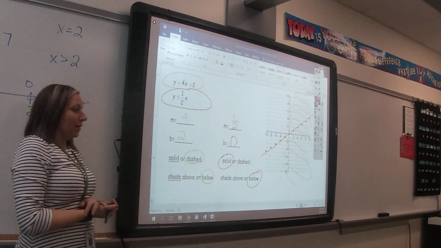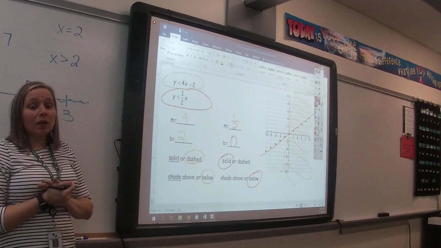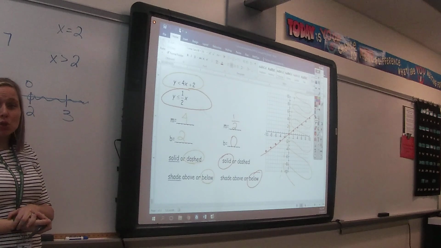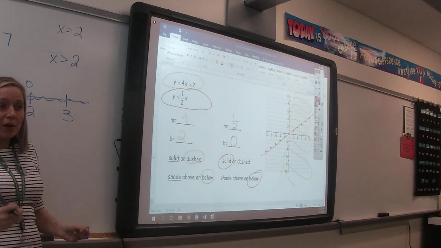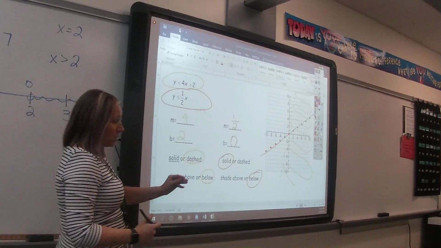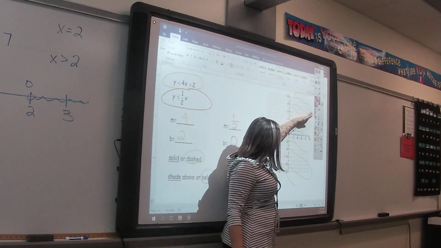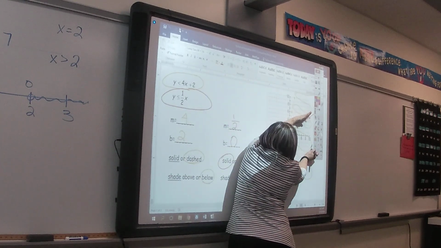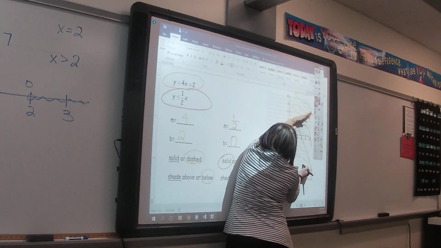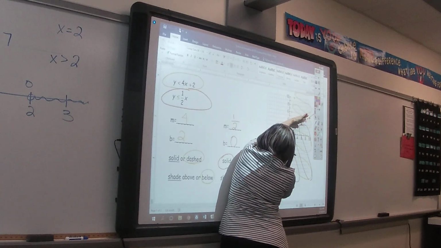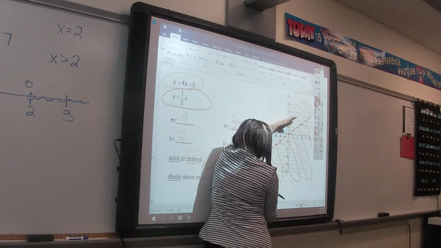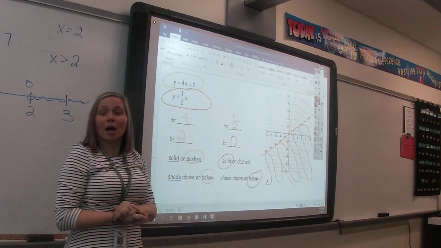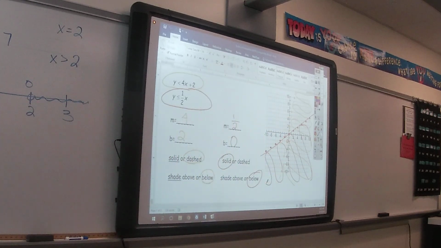This one is below, so I'm just looking at my orange line, and I'm shading everywhere below up to the line across the graph, right on top of where I already had shading.